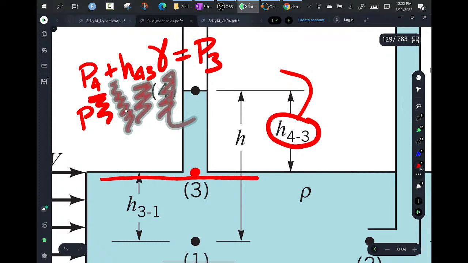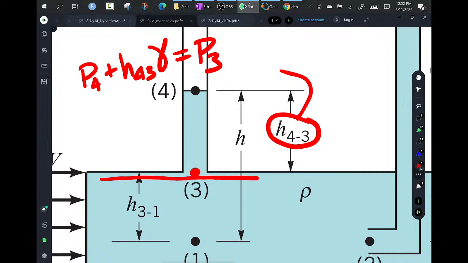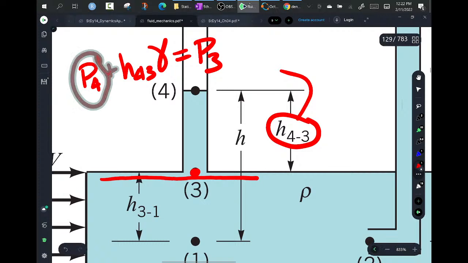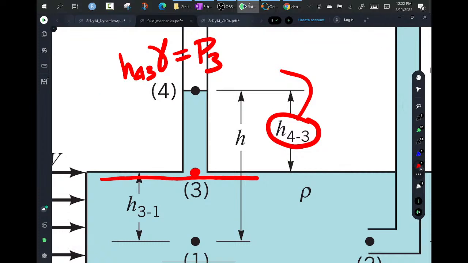Now, if I start with the assumption that that's atmospheric, or I want gauge pressure, essentially, P3, this pressure is just the pressure at the column of water above it.